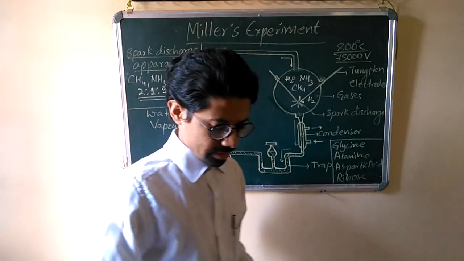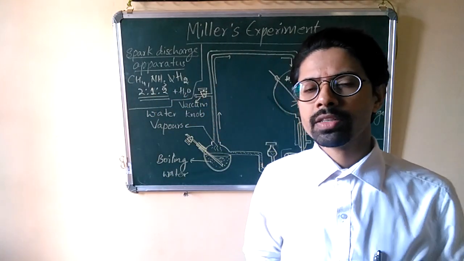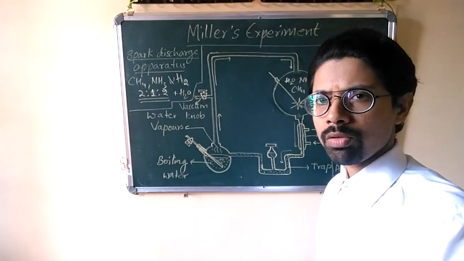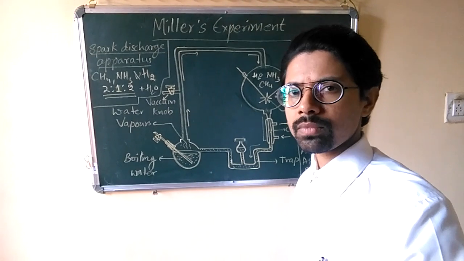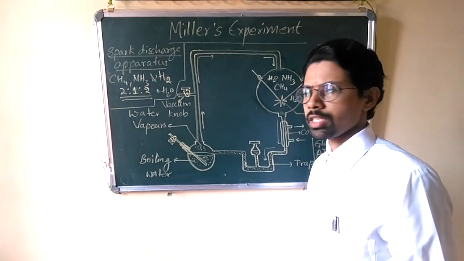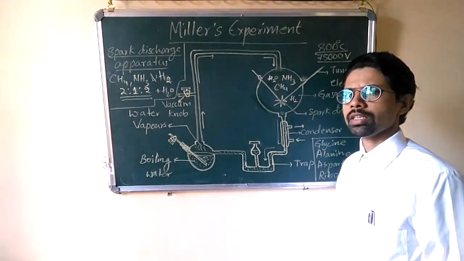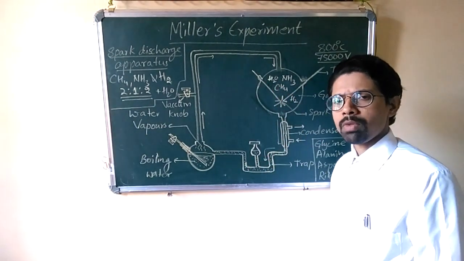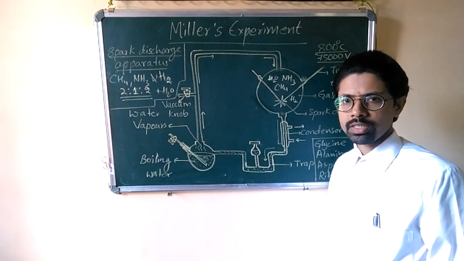On the board you can see Miller's apparatus, and we are going to discuss Miller's experiment today, right? This is the apparatus called the spark discharge chamber or spark discharge apparatus.